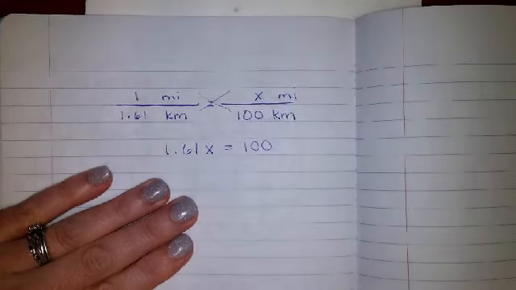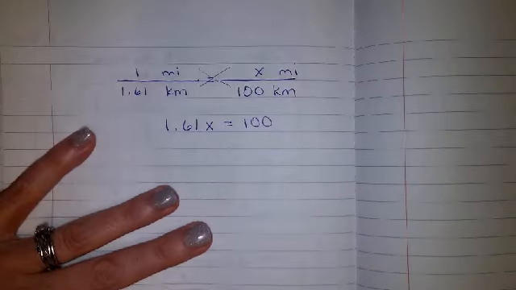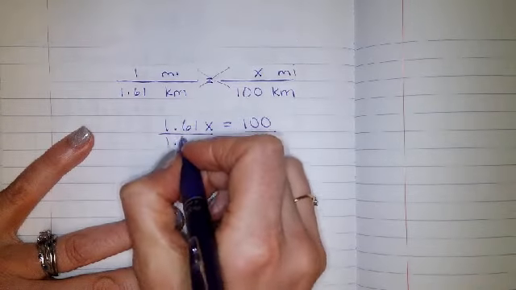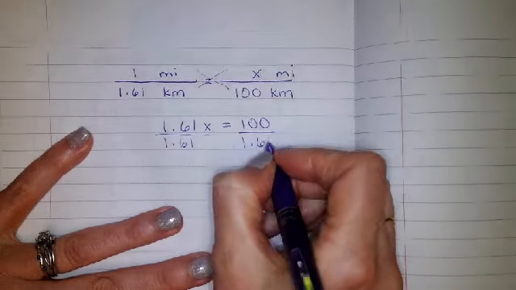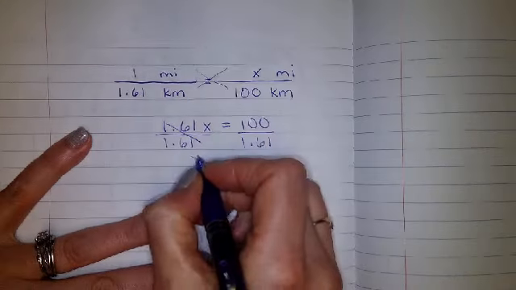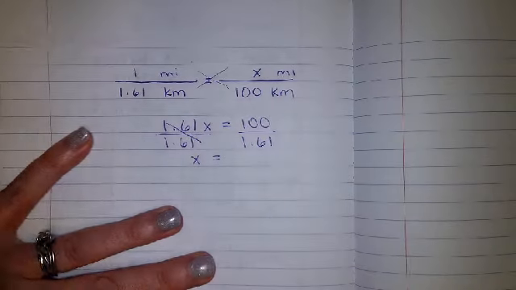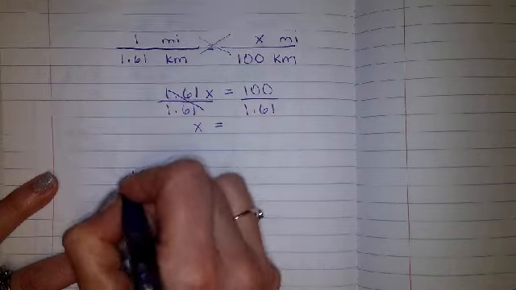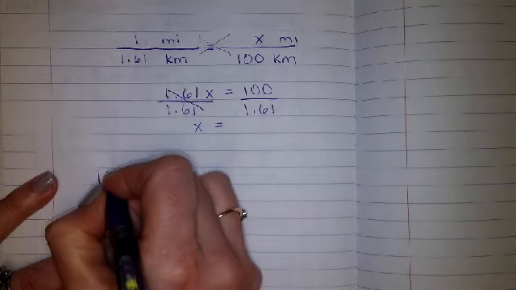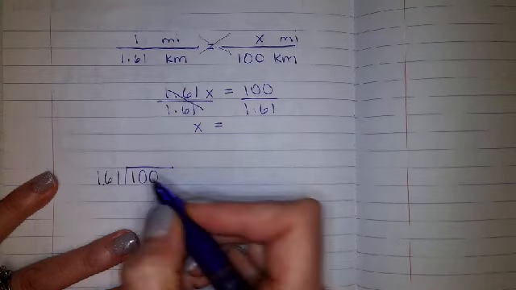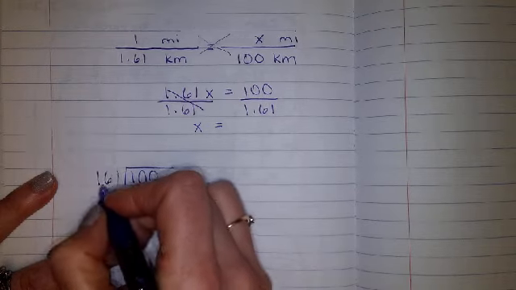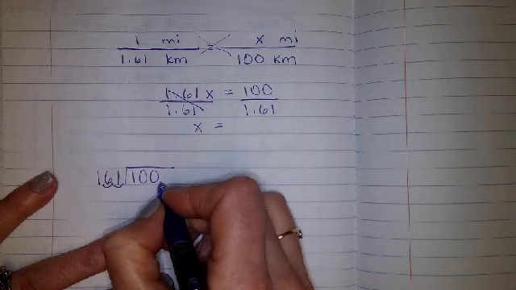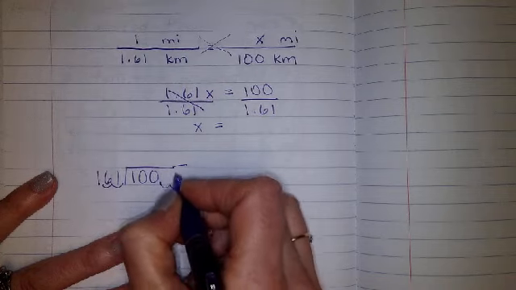So I have 1.61 x equals 100. I need the x by itself, so I'm going to divide both sides by 1.61. X equals something. That something is going to be 100 divided by 1.61. And I'm going to move my decimal point 2 places.